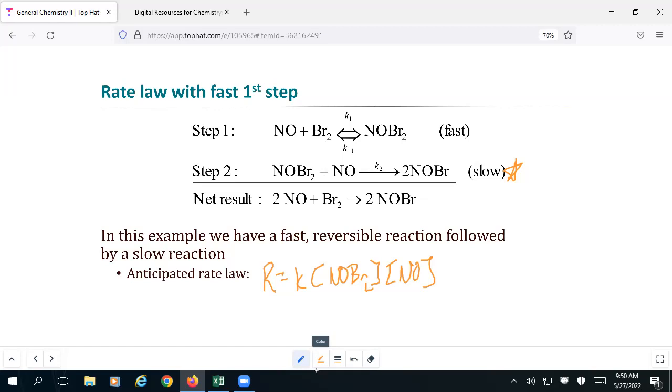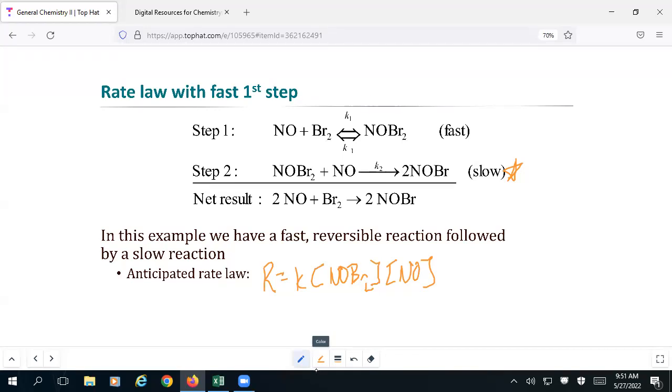The problem with this is that NOBr2, again, is a molecule that doesn't make a whole lot of sense, because where does that second bromine attach? But it's an intermediate.